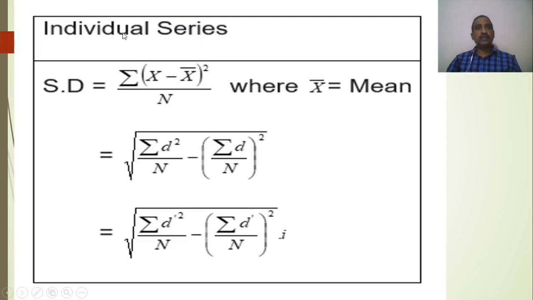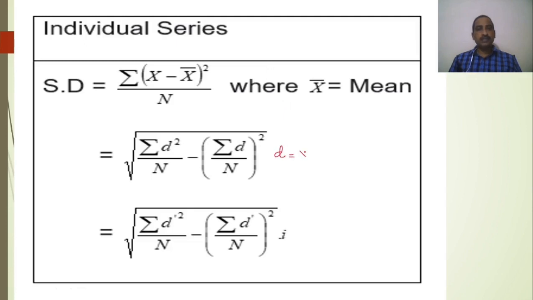In an individual series, the standard deviation formula is the square root of summation x minus x bar whole square by n, where x bar is the mean of the given data, or else you can use summation d square by n minus summation d by n whole square, where d is the deviation.